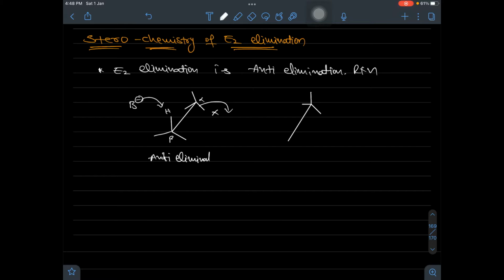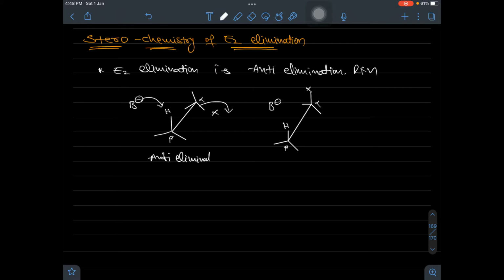If syn elimination, what happens? Here is the halogen and here is the hydrogen, alpha carbon, beta carbon.